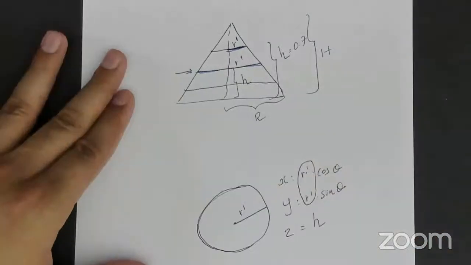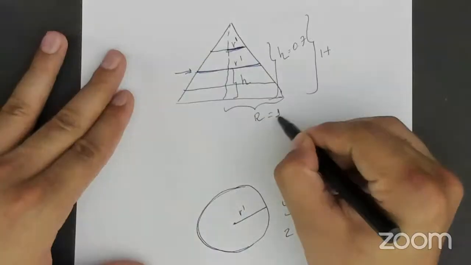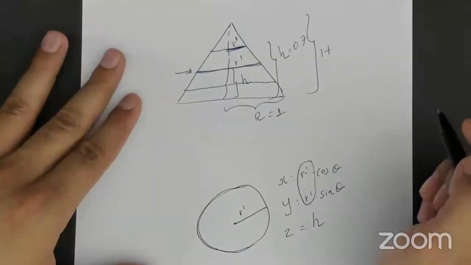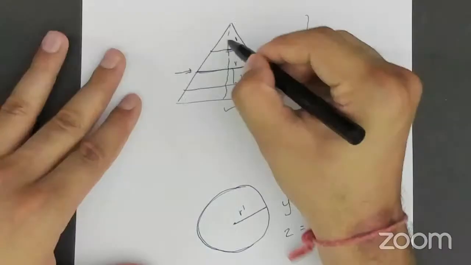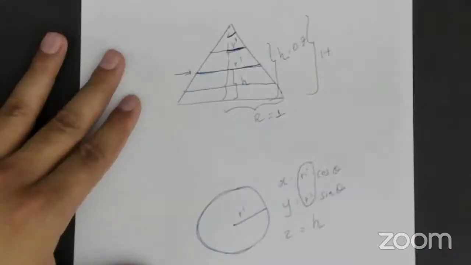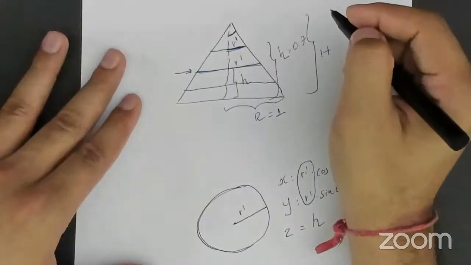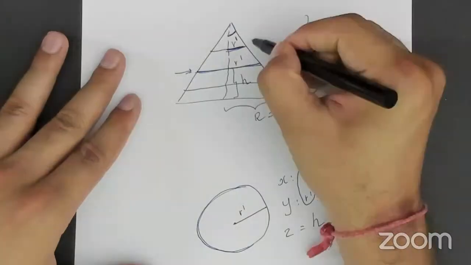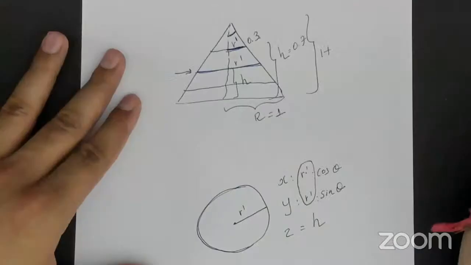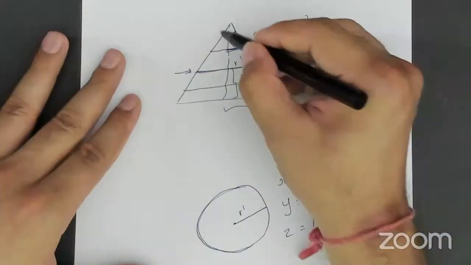Assuming this capital R is also 1. Assuming this is 45 degrees. This would be 0.3, isn't it? This R prime, because this is 0.7. So this would become 0.3. Total is 1. So this would be the ratio.